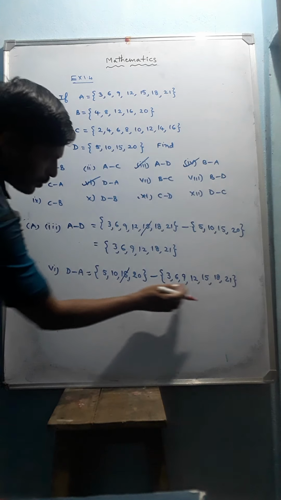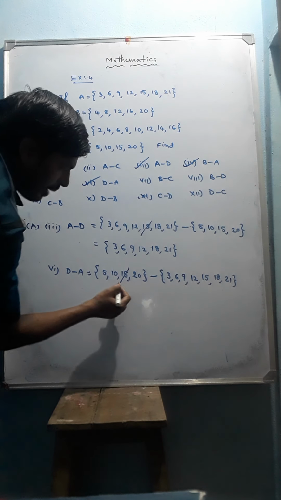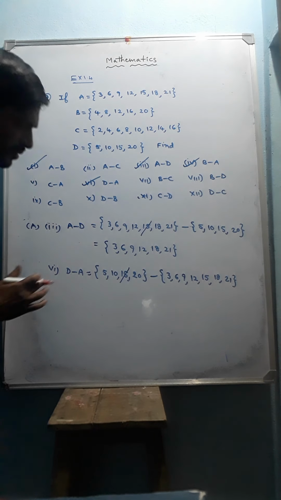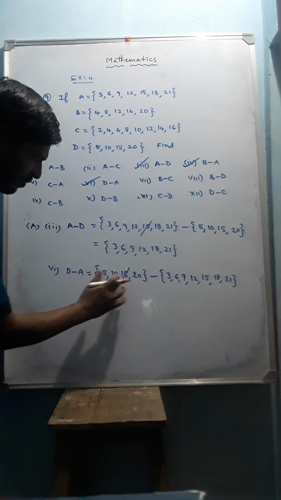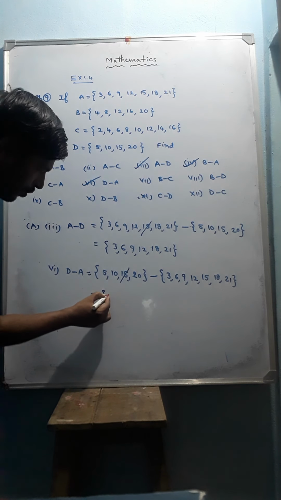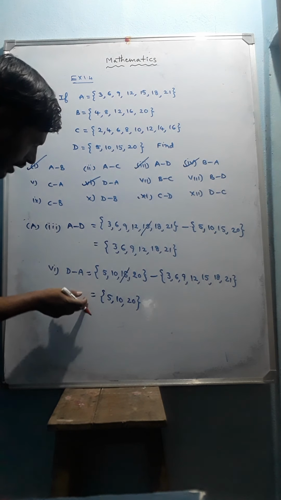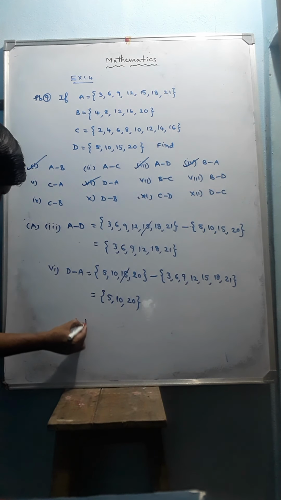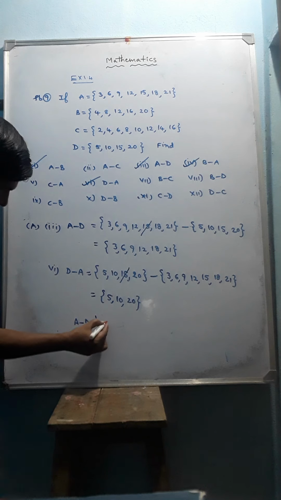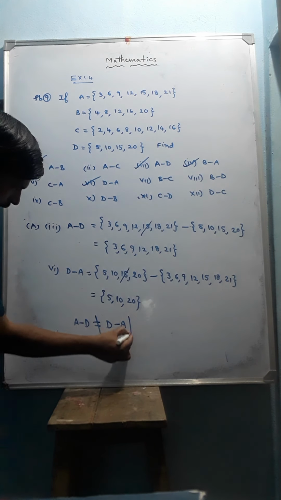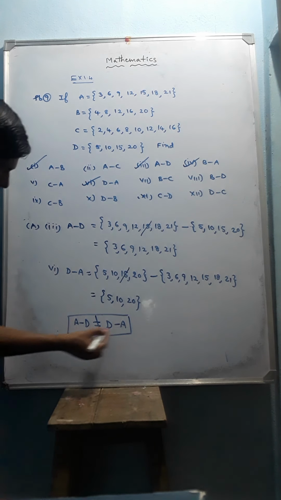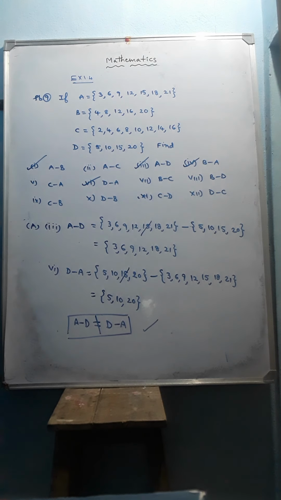The remaining elements in the first set are 5, 10, 20. If you observe these two answers, A minus D is not equal to D minus A. The remaining problems you can solve the same way.